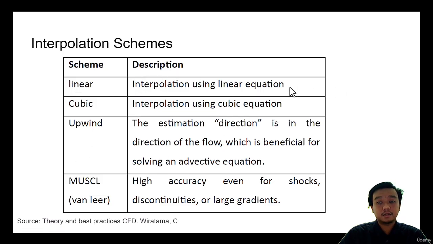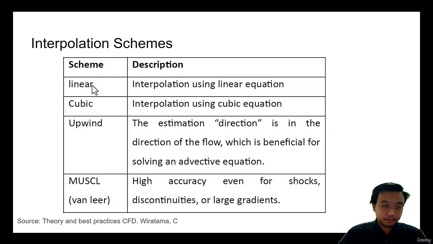Basically, the rule of thumb of the scheme is that if you have a lower order or a higher order, the simulation process will be faster with one, but a faster solution is prone to divergence, and that's the trade-off. So you must select between speed of the solution and stability.